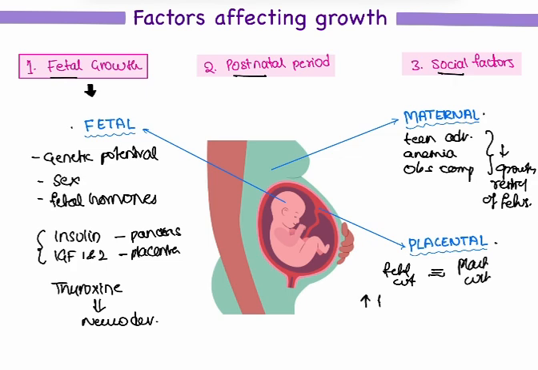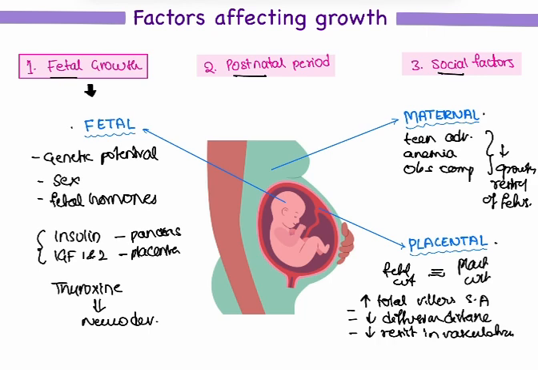That is increased total villus surface area, decreased diffusion distance, decreased resistance in vasculature, dilatation of fetal capillaries. These adaptations help more diffusion of nutrients from the placenta to the fetus. This helps in growth.